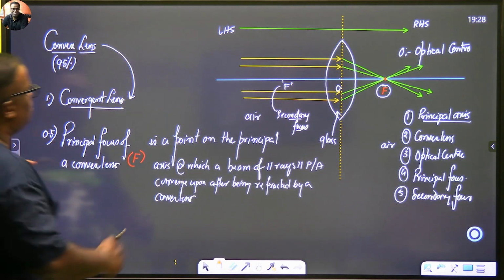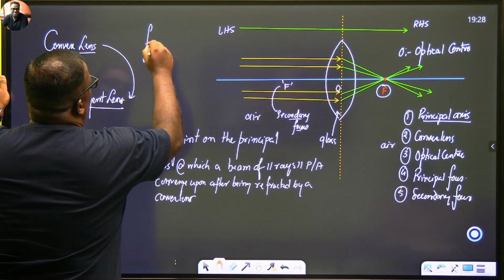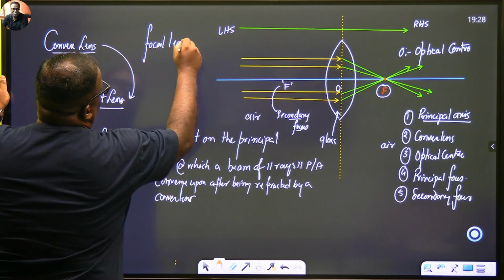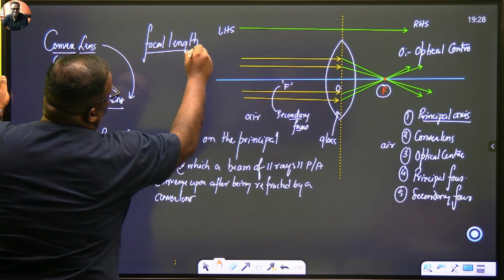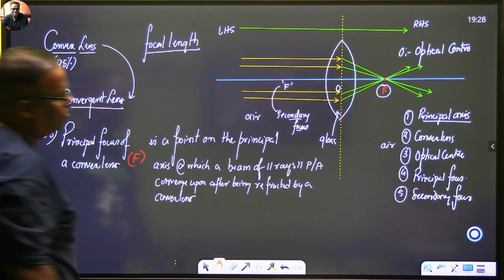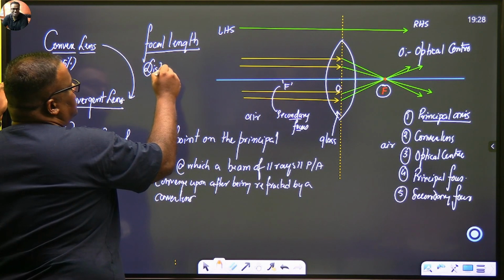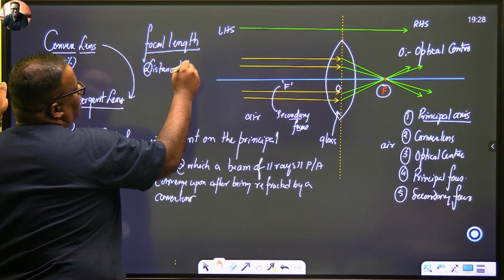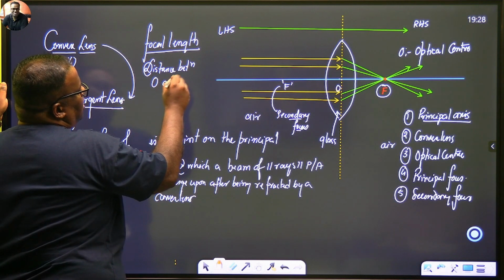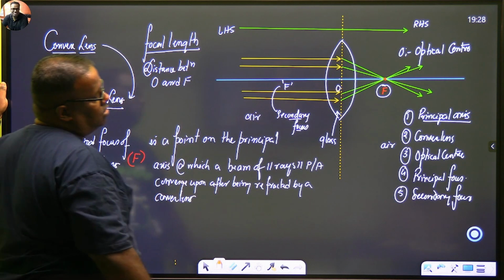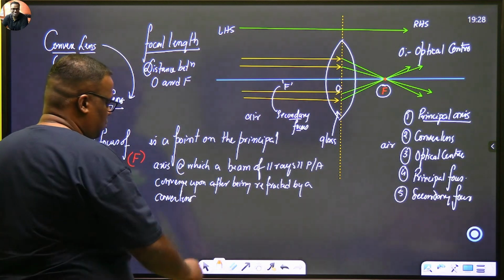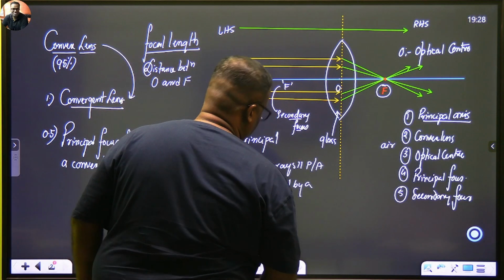Now, since you have understood this, we will also understand something called focal length. What is the focal length of a convex mirror? Sorry, convex lens. Focal length is always the distance between optical center and focus. Distance between optical center and focus.